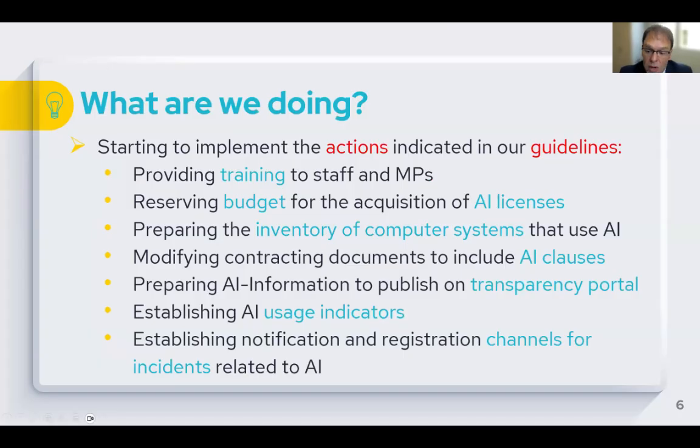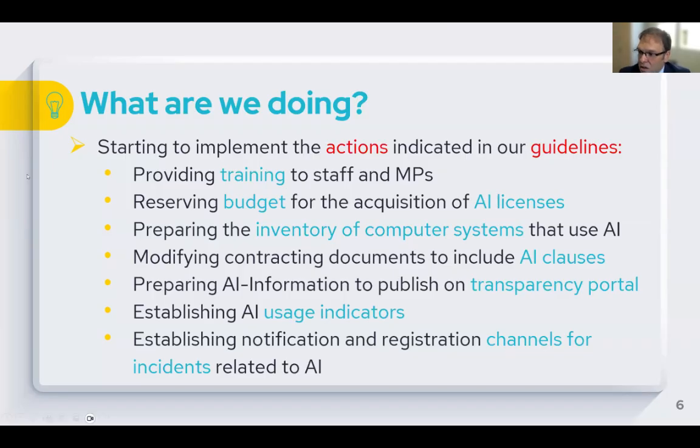So what are we doing? Right now, we are starting to implement the actions indicated in the guidelines that will be approved next week. For example, providing training to staff and MPs, and reserving some budget for the acquisition of AI licenses. We are evaluating some providers of general AI products, LLMs.